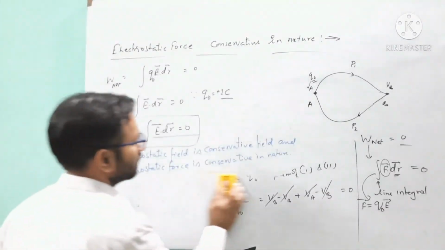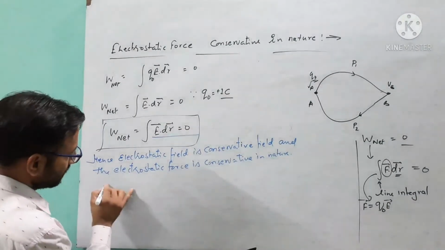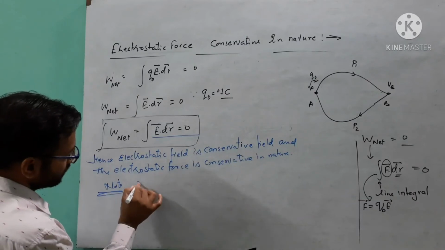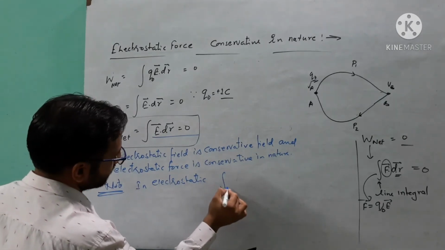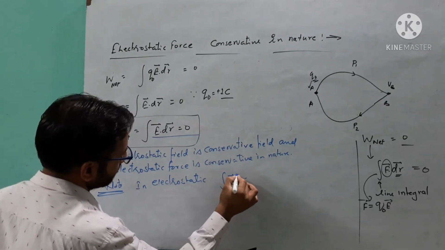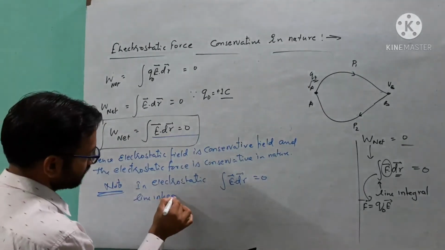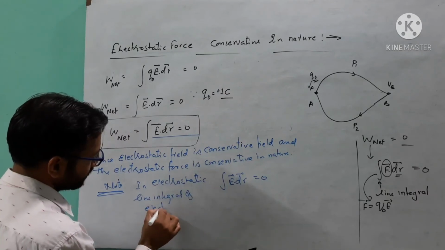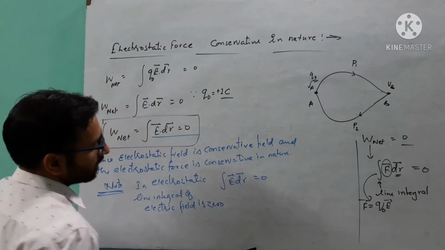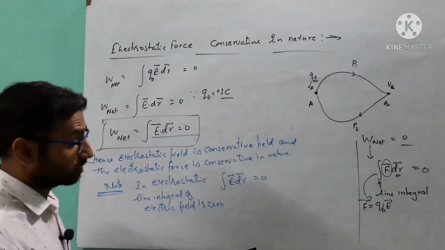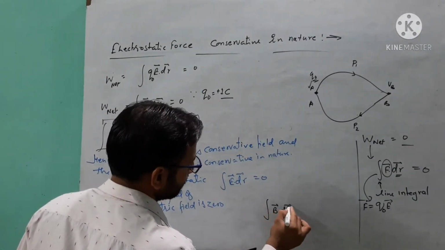Listen carefully. In an electrostatic field, second note for MCQ: in electrostatics, the line integral of electric field is equal to 0. It means that the line integral of electric field is 0. And I hope you are wondering whether there is any meaning of the line integral of magnetic field.